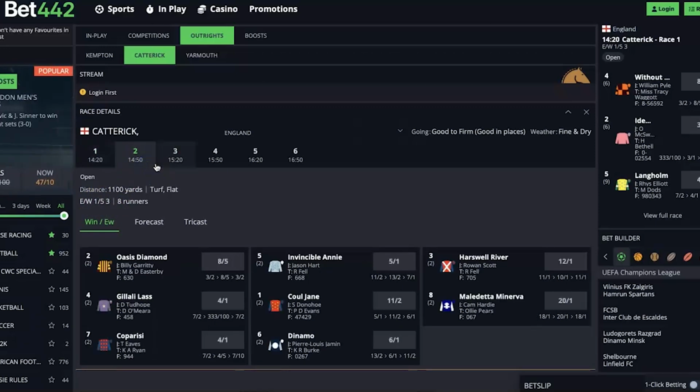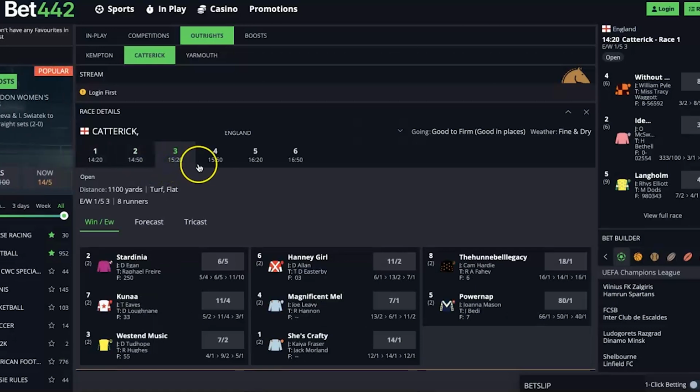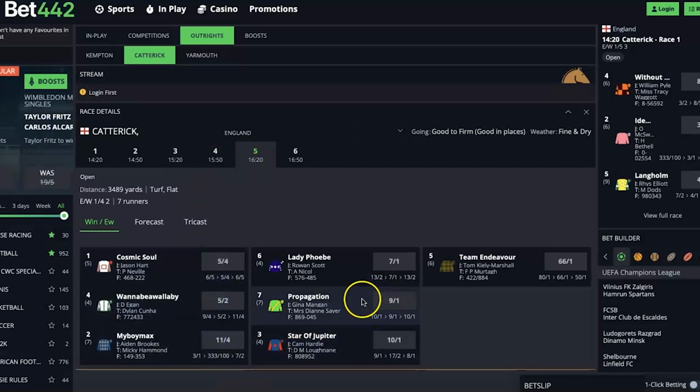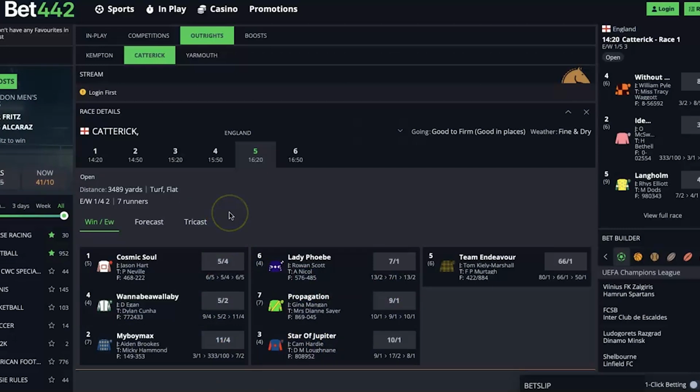So if we go through the card here at Catterick, most of these I think are going to be a fifth of the odds for 3 places, but you can see here that with there being just 7 runners in the 20-4 race at Catterick, this has now changed the terms and conditions for an each way bet. So you've now got just the top 2 where you would get paid out for an each way bet, and it would be a quarter of the odds because there are less than 8 runners.